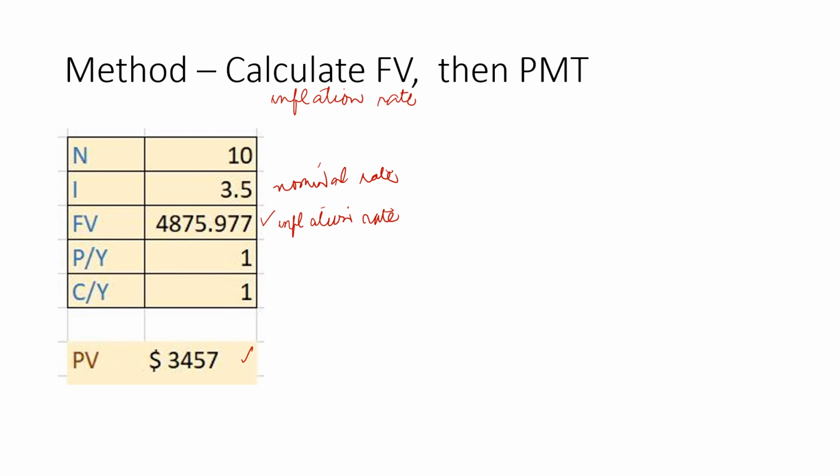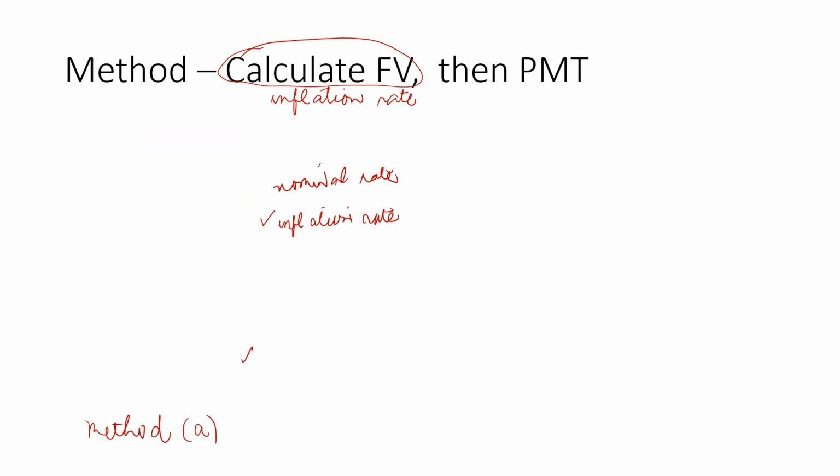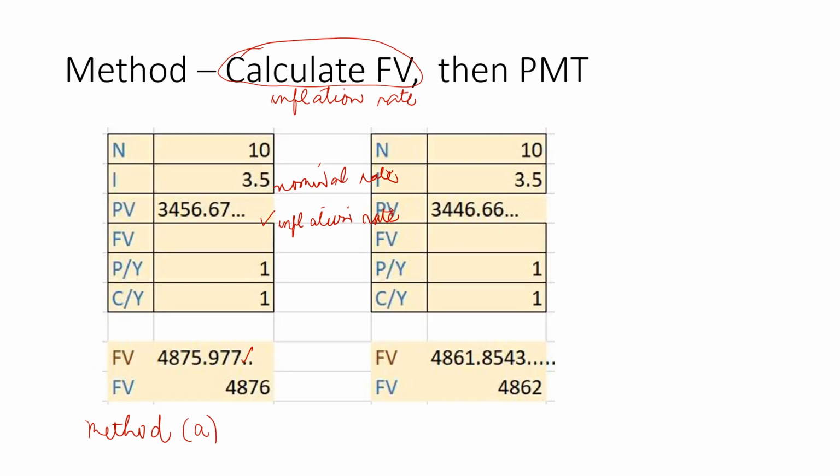Okay, so in case you didn't use this method, then you can still use the other method, the method you used in question 1, which is method A, in looking for FV. So how are we going to do that? So wait, let me just erase this.